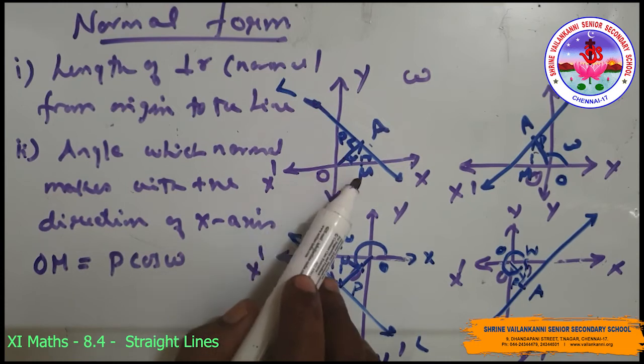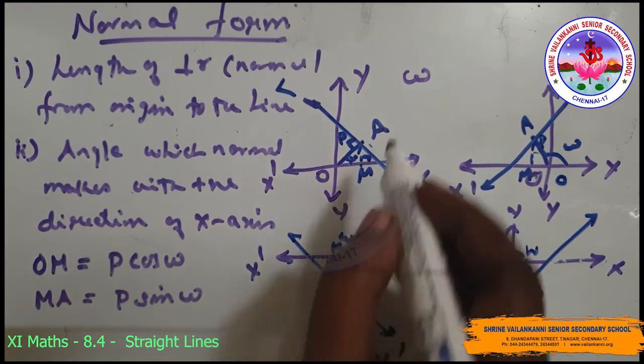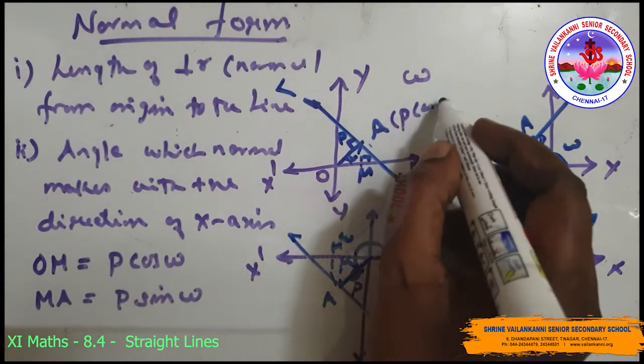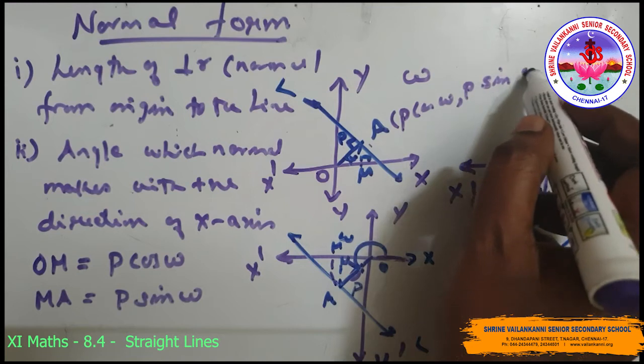So OM by p is equal to cos omega, OM equal to p into cos omega, and MA equal to p into sin omega, so that the coordinates of the point A are (p cos omega, p sin omega).